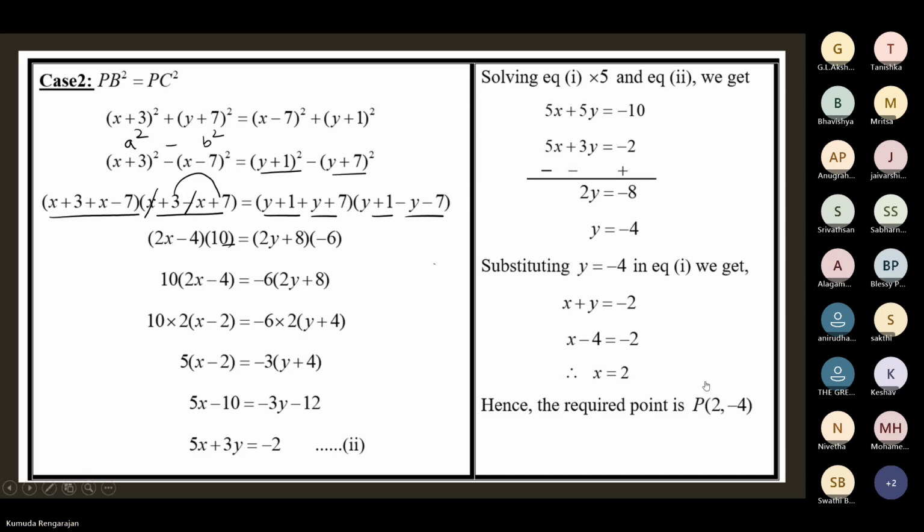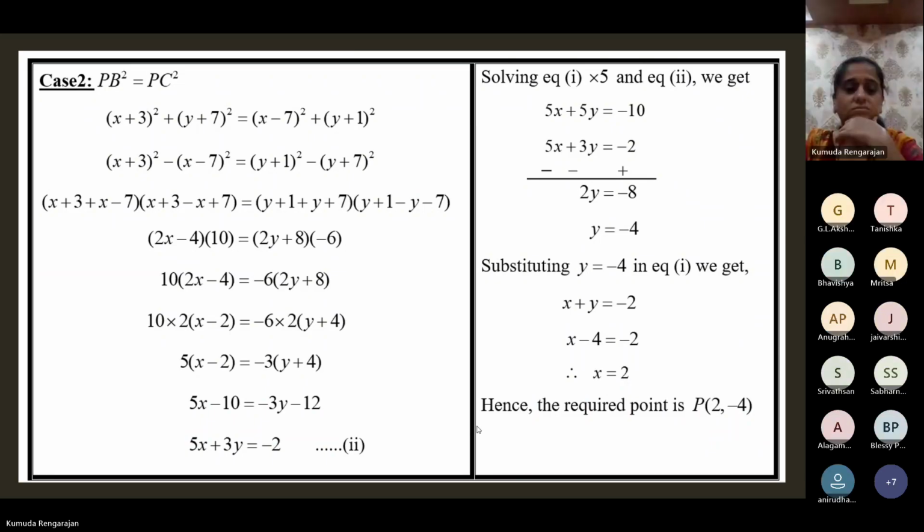Please work. Getting the x expressions on one side and the y expressions on the other side, it looks like a squared minus b squared, which is a plus b into a minus b.